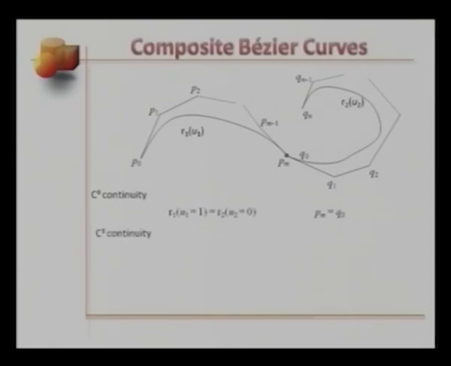C1 continuity. We'll have to impose that the directions of these 2 lines should be the same and not the magnitude. This would give us additional design freedom.